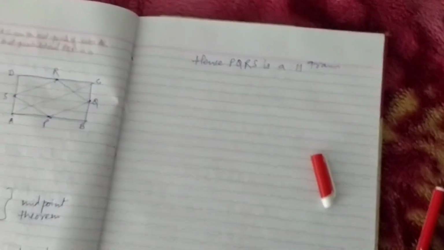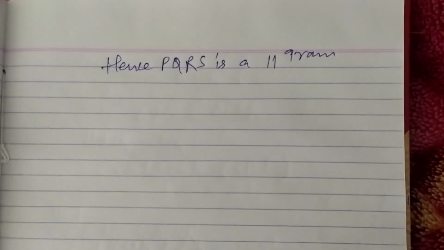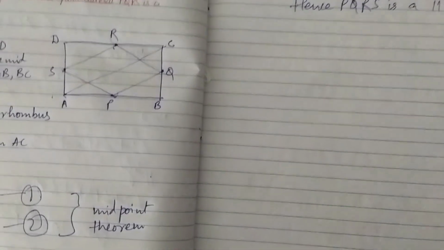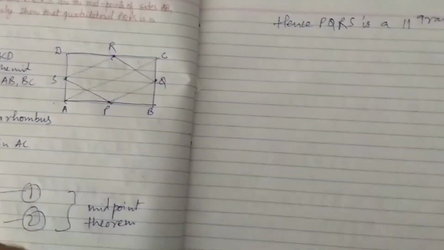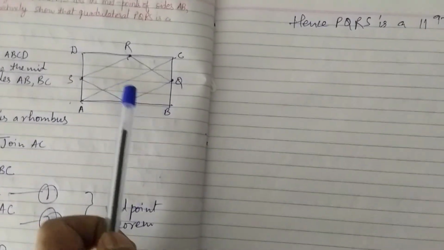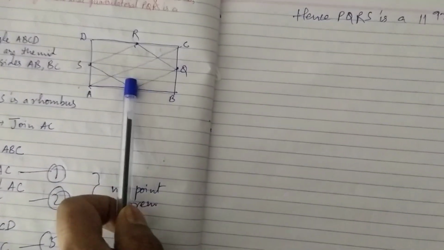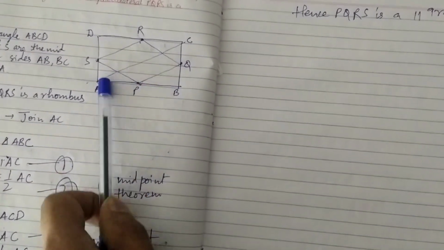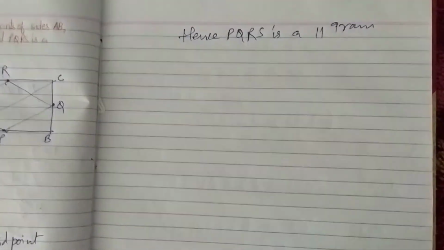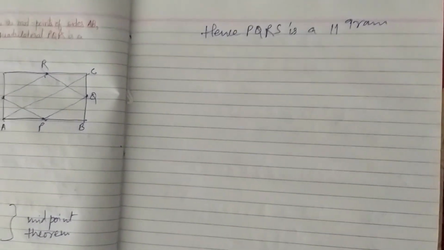First we will prove it. So we have proved it as a parallelogram, meaning opposite sides are equal. If somehow we are capable of proving that adjacent sides are equal, it will become a rhombus.